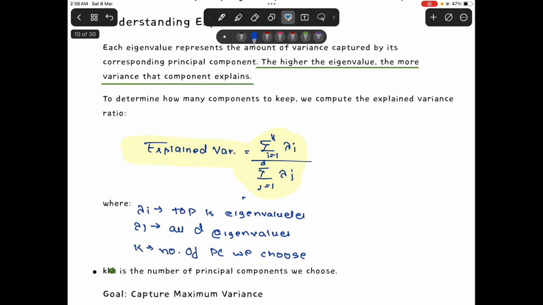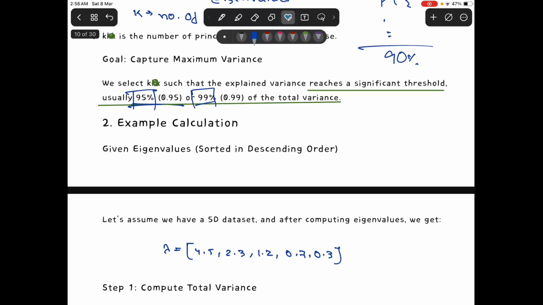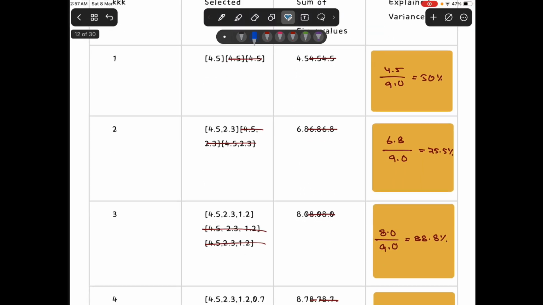This is the same thing I have told you: start from the top PC and keep adding, PC1, PC2, up to where you reach 90% or above. Here they are telling 95% or 99%, depending upon the model. Here is an overall example calculation.